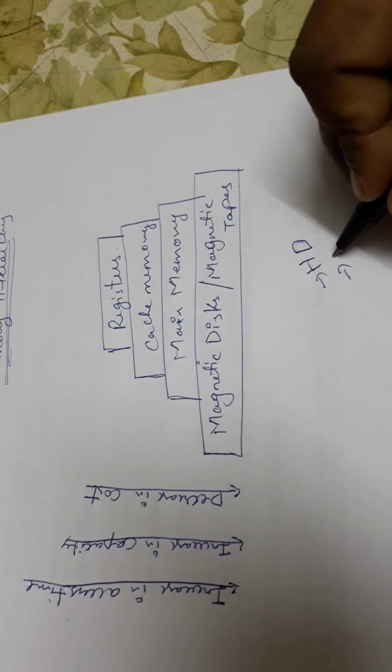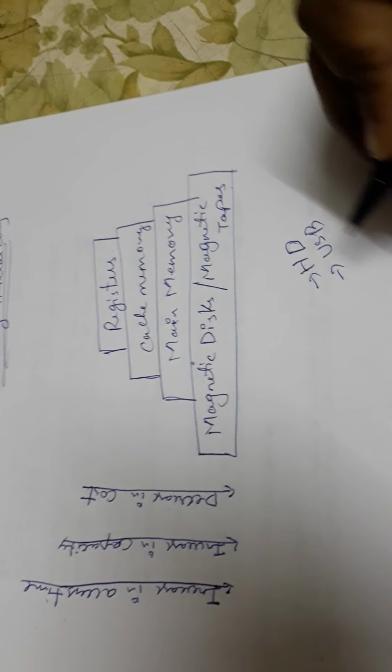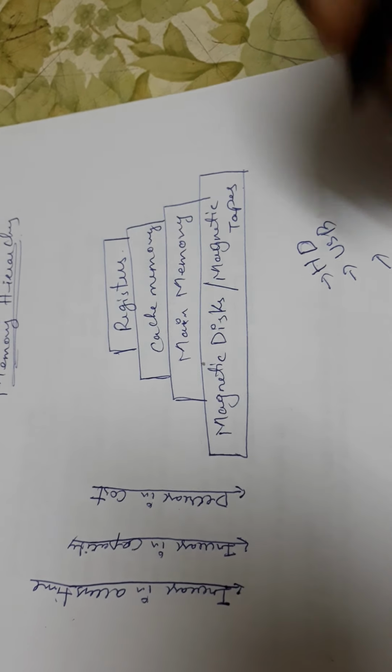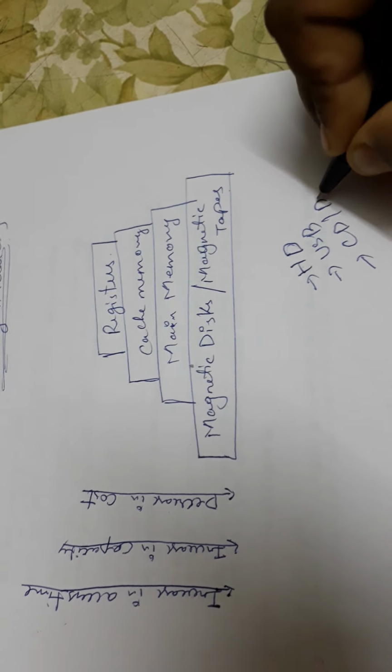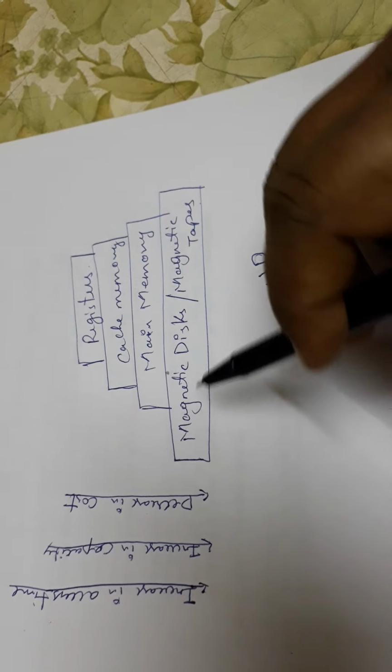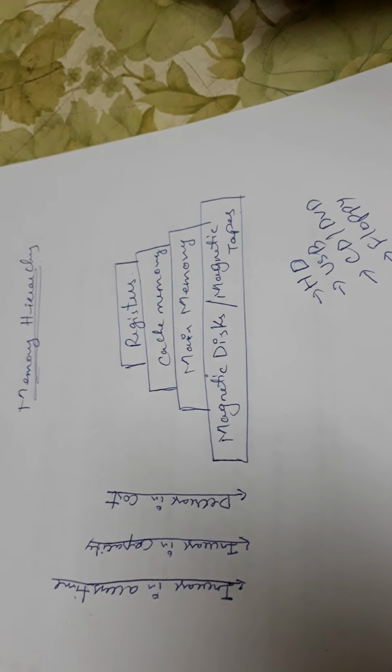And then your USB pen drives, your CDs or DVDs, your floppies, all these come under magnetic disk and magnetic tapes.